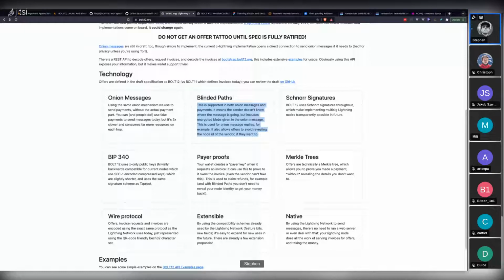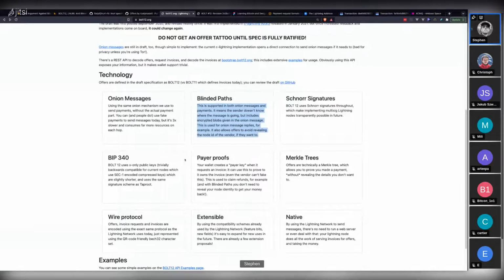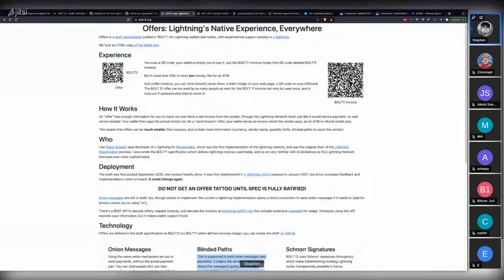One criticism I've heard of Bolt 12 is that some people say it has too much in it. This Lightning improvement spec is adding all of these other features, like Taproot, blinded paths, reusable payment requests, fiat currencies. And I've heard some people ask, couldn't we implement all of these things separately?